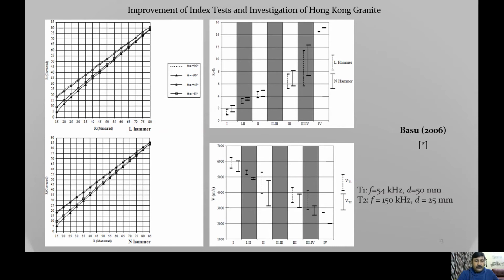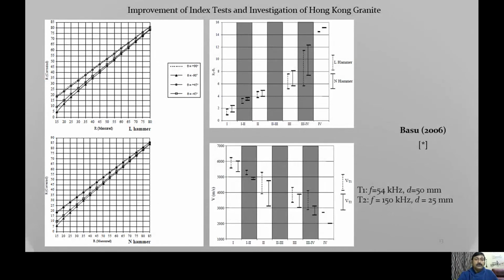We know that the rebound hammer or Schmidt hammer is a spring-loaded piston, and therefore it is influenced by gravity effect. So if the test direction is not horizontal, the rebound value is erroneous. That means we need to normalize the rebound value in the horizontal direction if the direction of application is not horizontal.